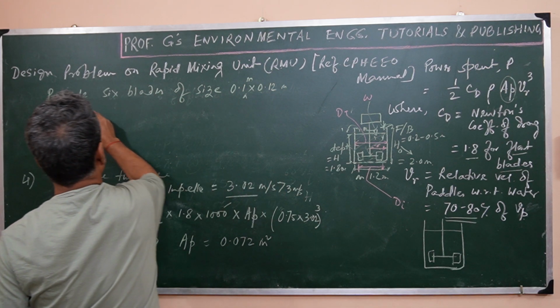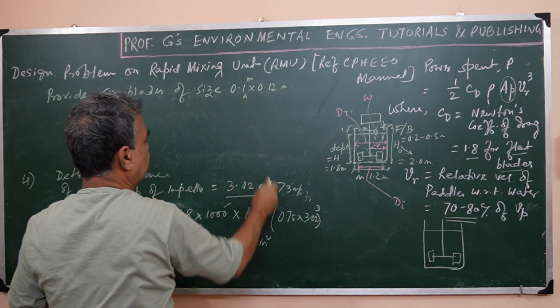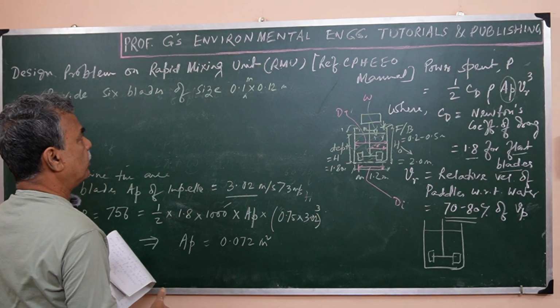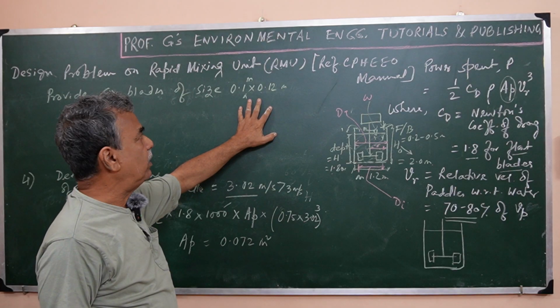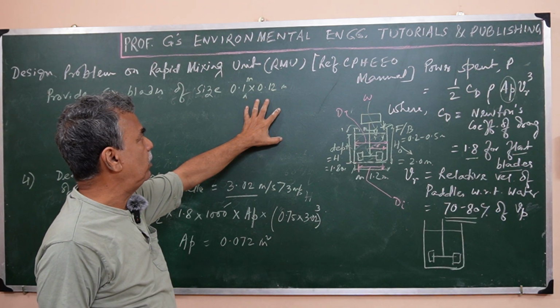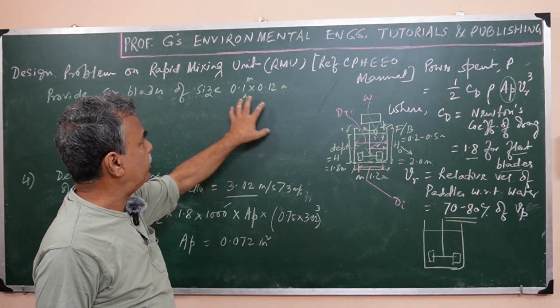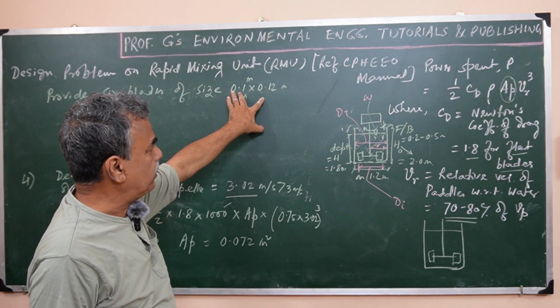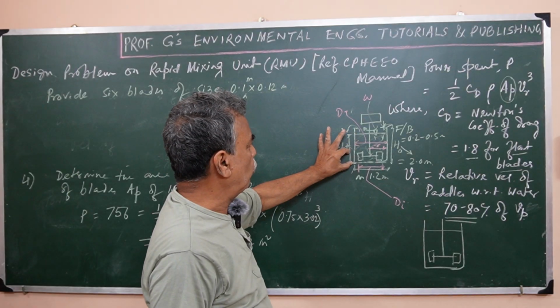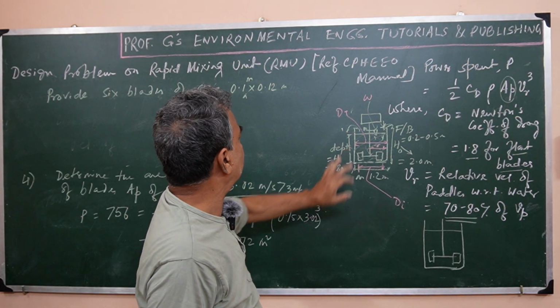If you ask me why 6, why not more, then the CPHEEO manual has taken a very standard, available blade dimension of 0.1 meter by 0.12 meter. That means 0.1 on this side and 0.12 meter on the vertical side also.